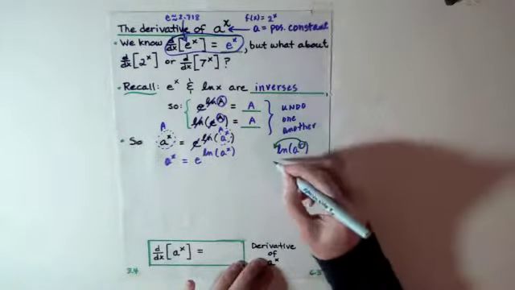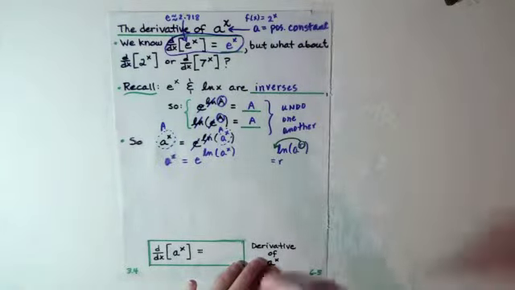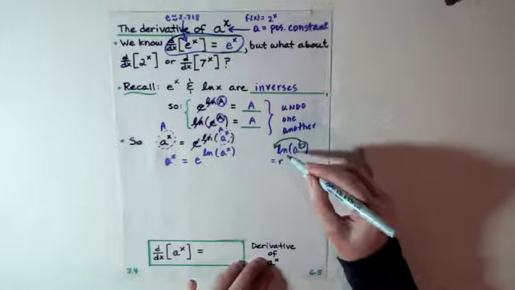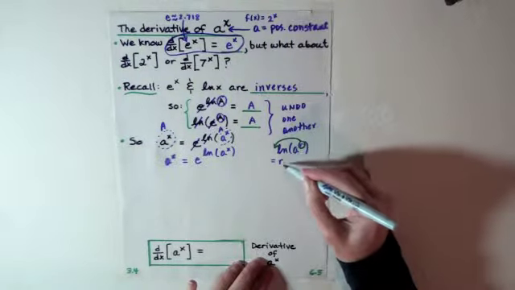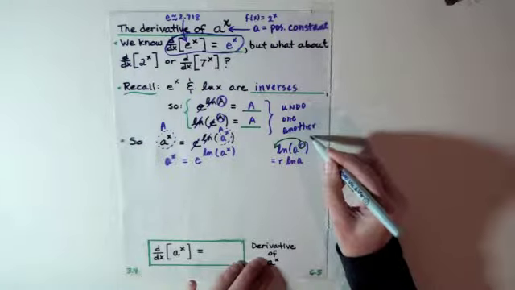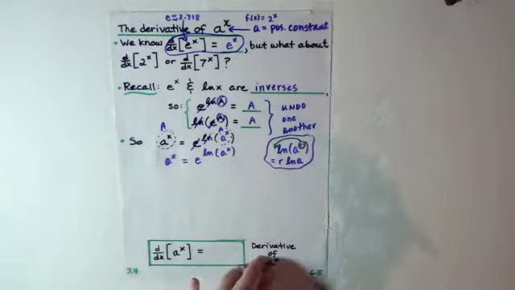So it's just a property of logarithms that you learned back in pre-calculus, that you can pull this exponent out to the front, and ln of a to the r is exactly the same as r times ln of a. So this is really just a property of log functions from back in algebra or pre-calculus.